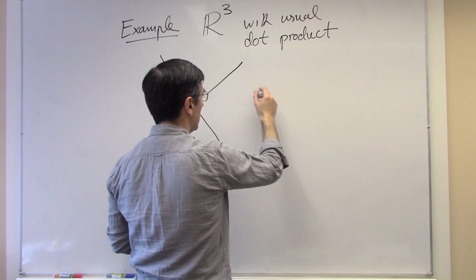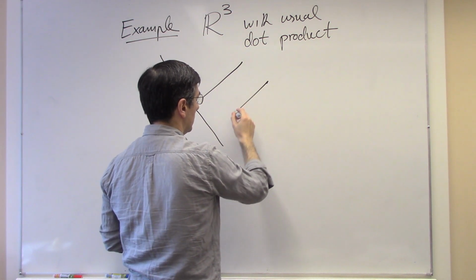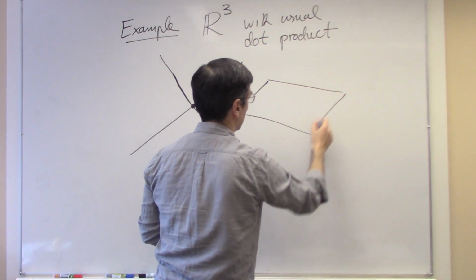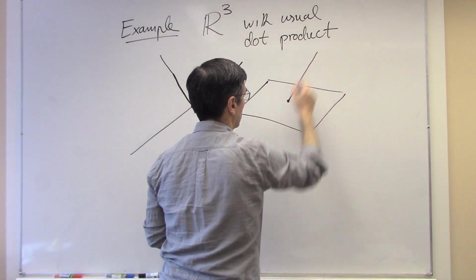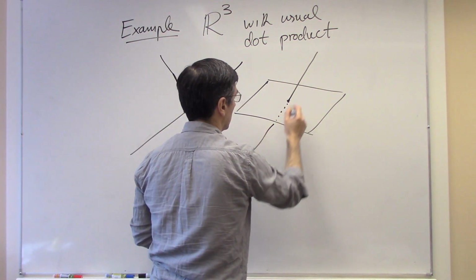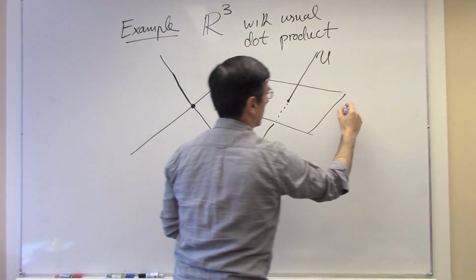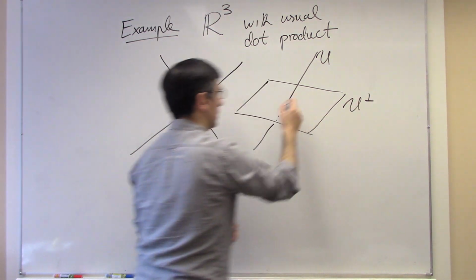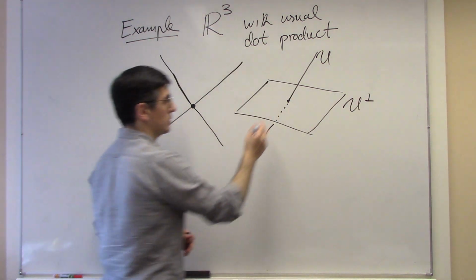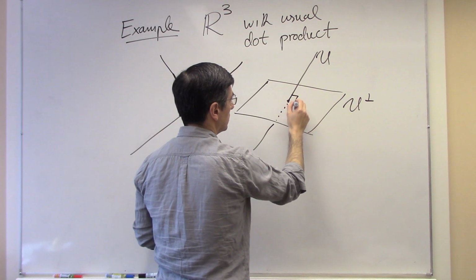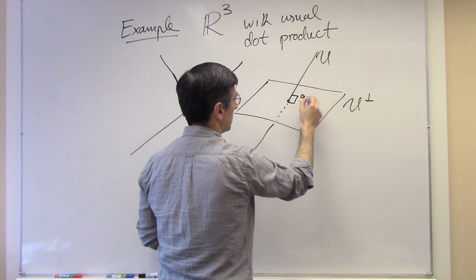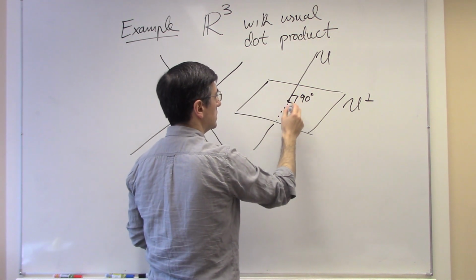So a picture would be what you end up getting if this is U. Then the orthogonal complement is the plane that consists of all vectors that form 90 degrees with this particular vector.